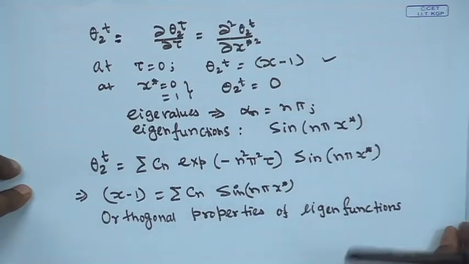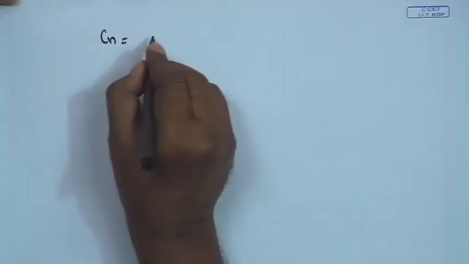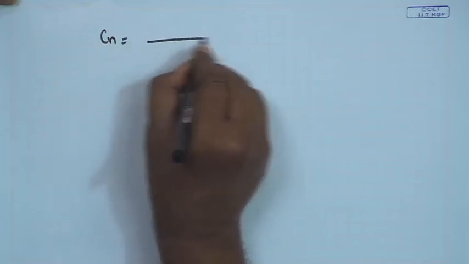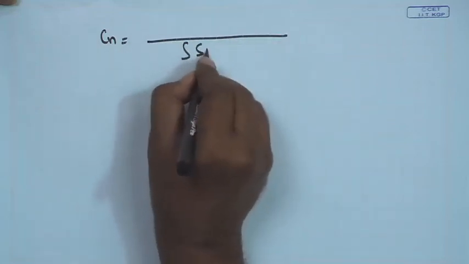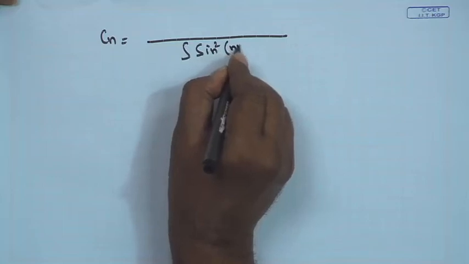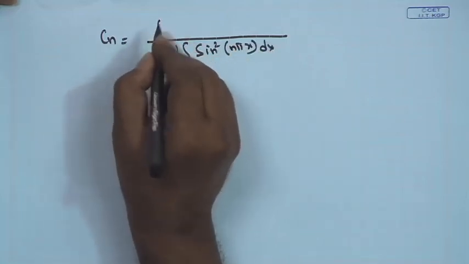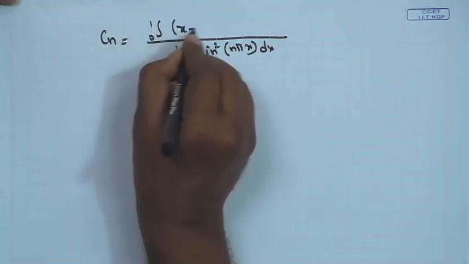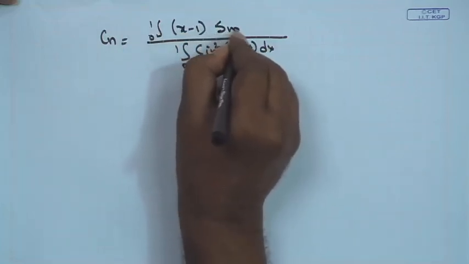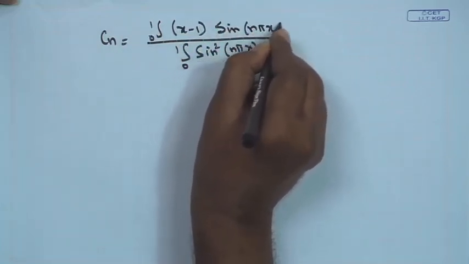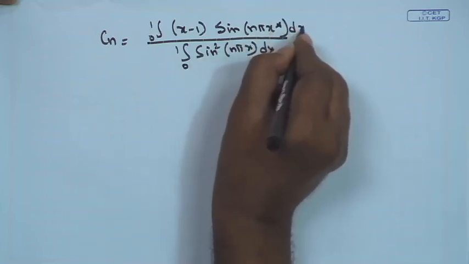Let us see what we get. We will get Cn as the integral of x minus 1 sine n pi x star dx star from 0 to 1, divided by the integral of sine square n pi x star dx star from 0 to 1.